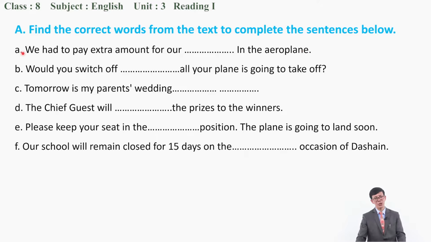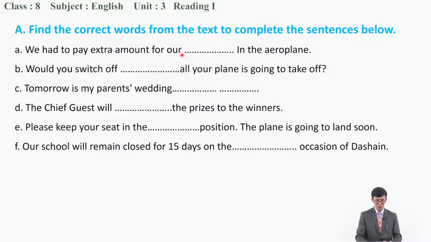Have you made a closer guess for these sentences? Let's talk about the first sentence. We had to pay an extra amount for our what? In the airplane. Can you please make a closer guess? That word is from the text. Did you guess?